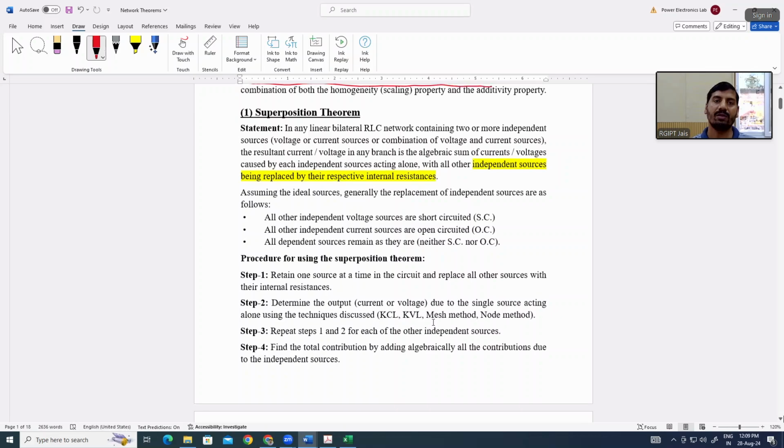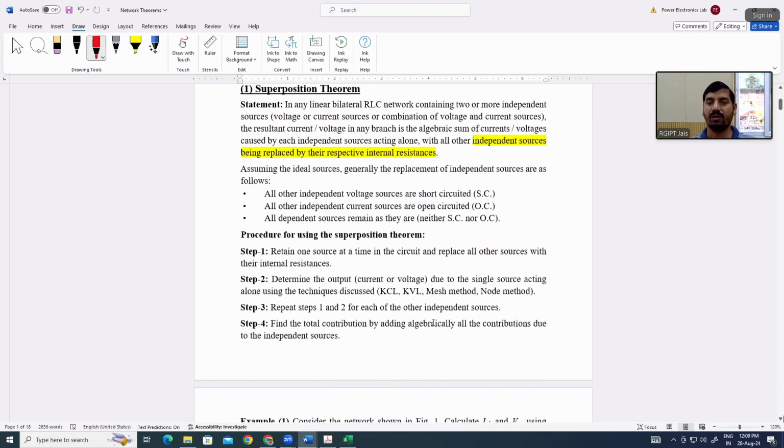What is the superposition theorem? The statement is that in any linear bilateral RLC network, first you have to understand what a linear network is and what a bilateral network is, all these things you have studied. RLC means resistance, inductance, capacitance, the network having the passive elements resistor, inductor, and capacitor.